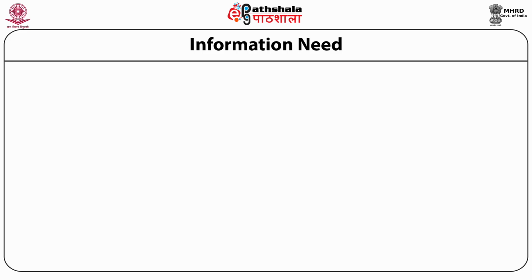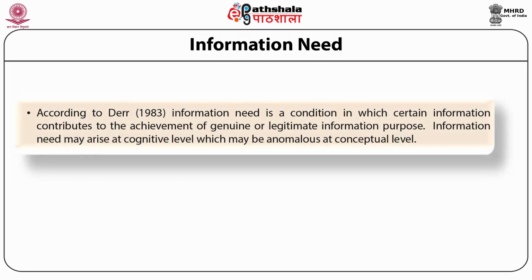But both the terms have ambiguities in defining. According to one of the authors, named Der, information need is a condition in which certain information contributes to the achievement of genuine or legitimate information.